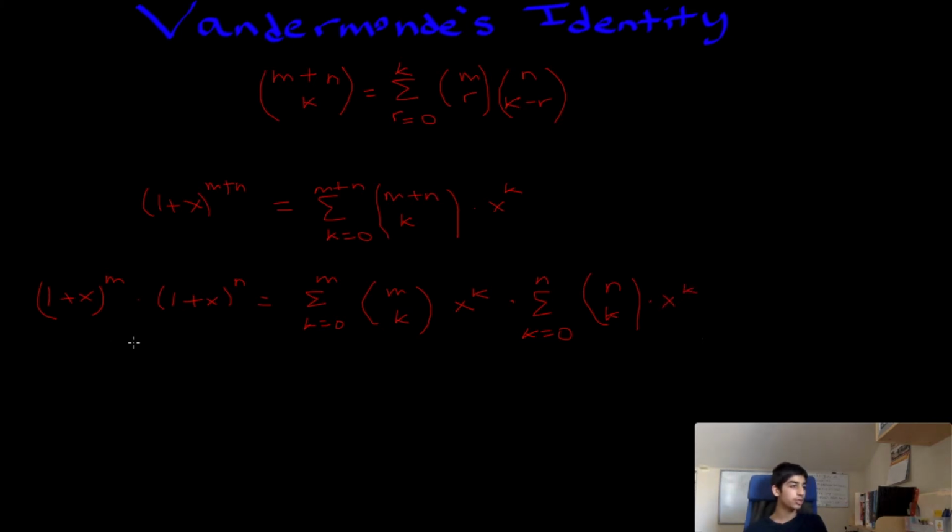Now we can just write these summations out. So the summation from k equals 0 to m of m choose k times x to the k. k is initially 0, so we would have m choose 0 times x to the 0, which is just 1, and then plus m choose 1 times x, and then plus m choose 2 times x squared, and so on.